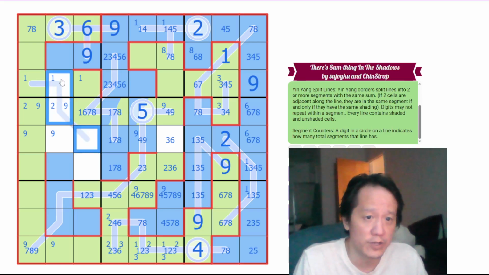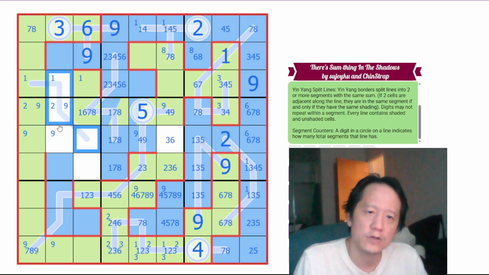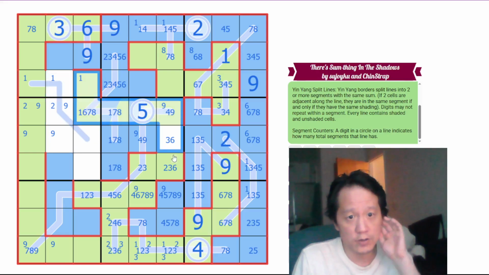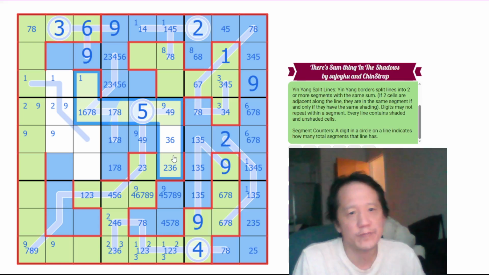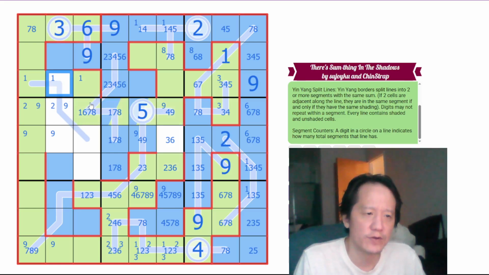Could be all 3 actually. Can it? Yeah, it could. If this is all blue, then this could be all green that way, right? This cannot be blue by itself, though. It could be green that way, and then blue, blue. And then blue.